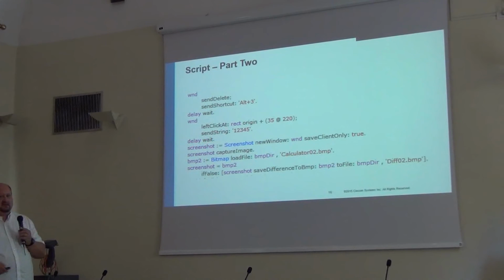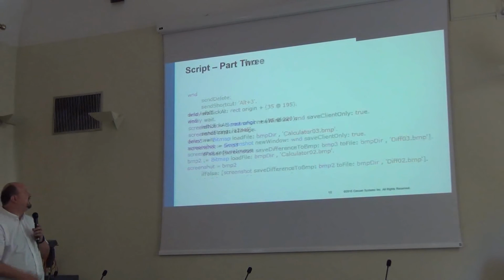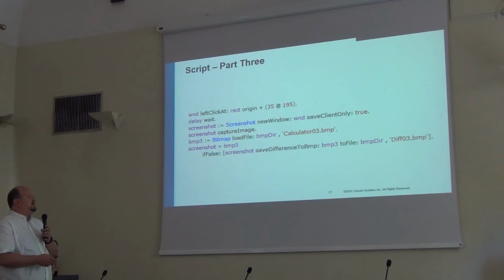Delay wait, again, give the window a chance to update itself to make sure all the events are executed. Take a new screenshot, client only, capture, and compare it to the calculator logic. If there are differences, save it to the file diff02. Alright? Nothing fancy there. Part 3.